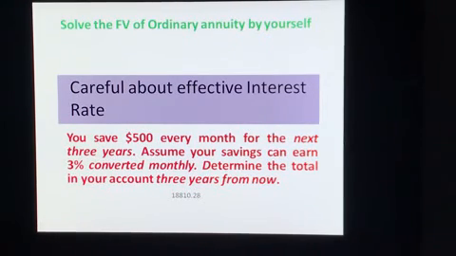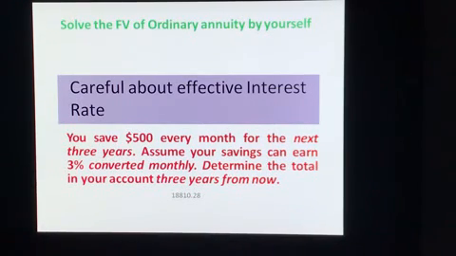Determine the total in your account 3 years from now. Here the question looks very simple, but there is a very little difference. The difference is, in previous questions the payments were made at the end of every year. Now the payments are made at the end of every month. Here we have monthly payments instead of annual payments.